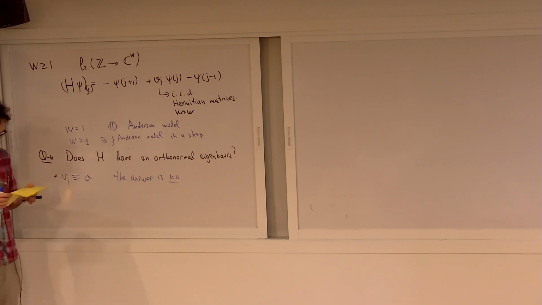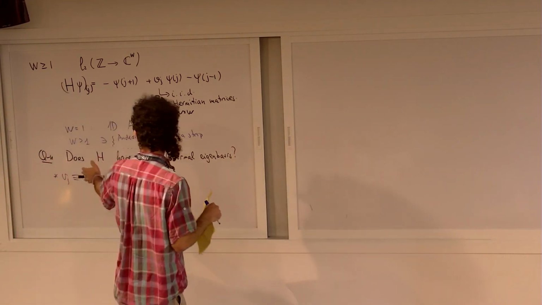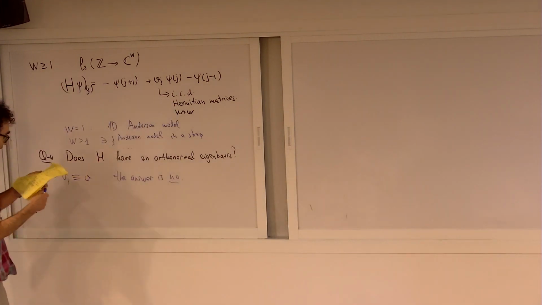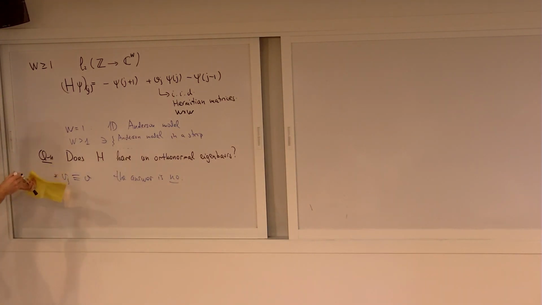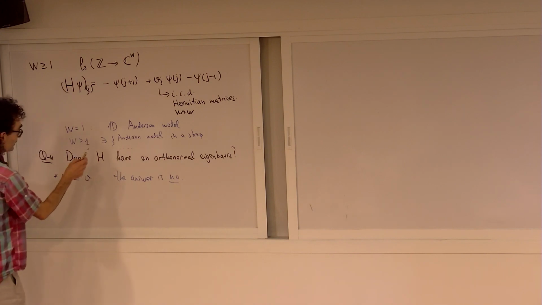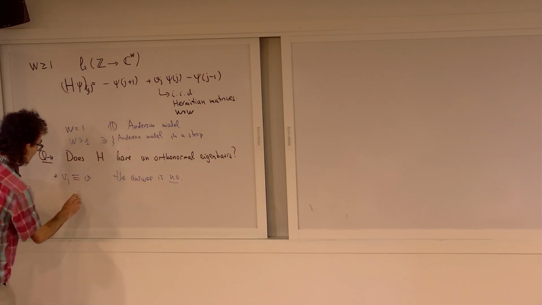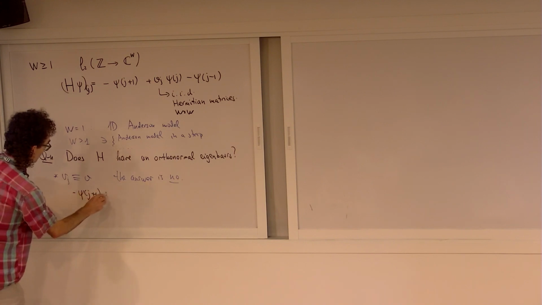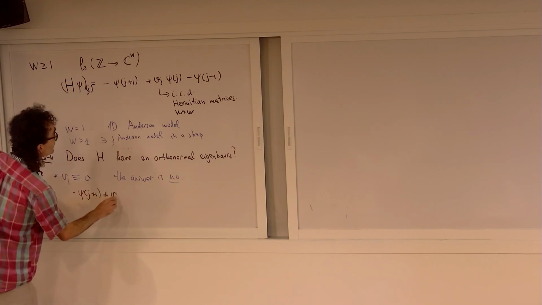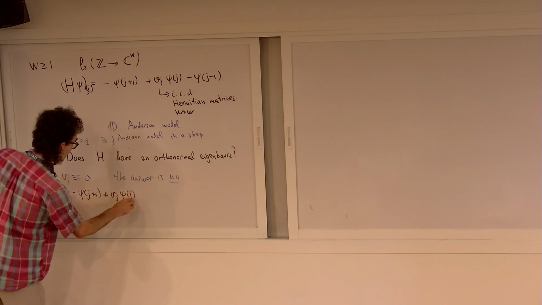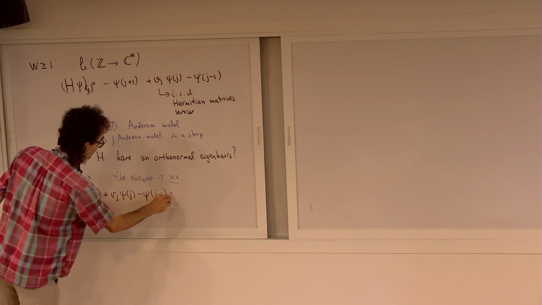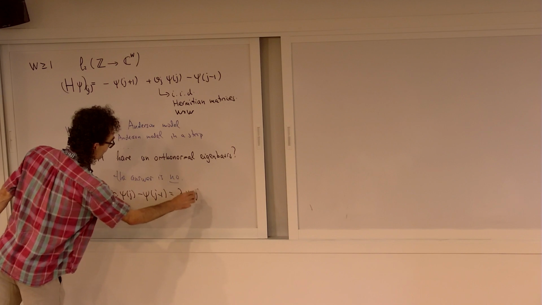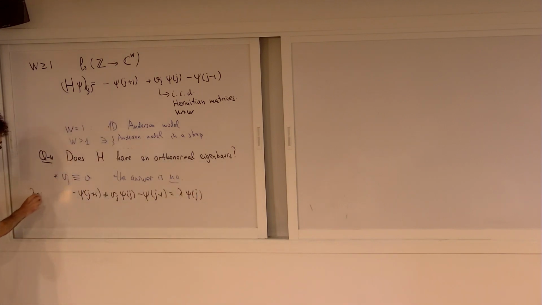The reason is that we can consider the eigenfunction equation, which an eigenfunction should satisfy: minus psi of j plus 1 plus V_j psi of j minus psi of j minus 1 equals lambda psi of j, where lambda is the spectral parameter, which should be the eigenvalue.